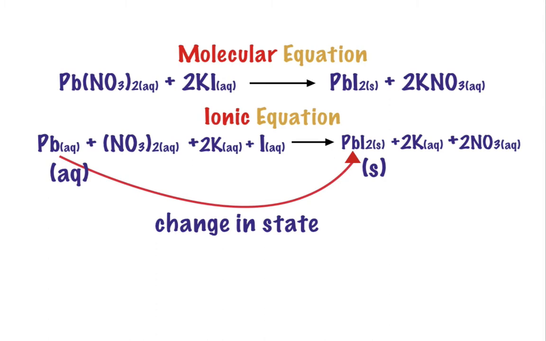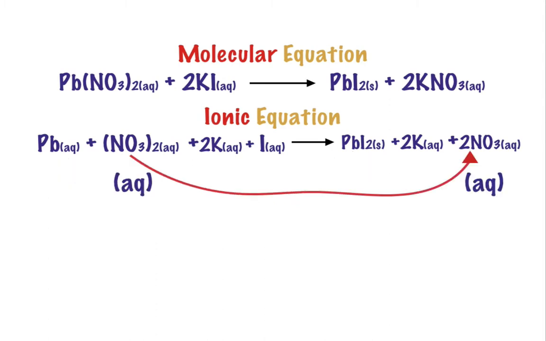Then I go over to my product side and lead is now in a solid state. So there has been a change in state from aqueous, from an ion, to a solid molecule, or a precipitate. And then I notice in my other reactant here, it goes from an aqueous state to remaining in an aqueous state. So there's no change in state for that particular species.